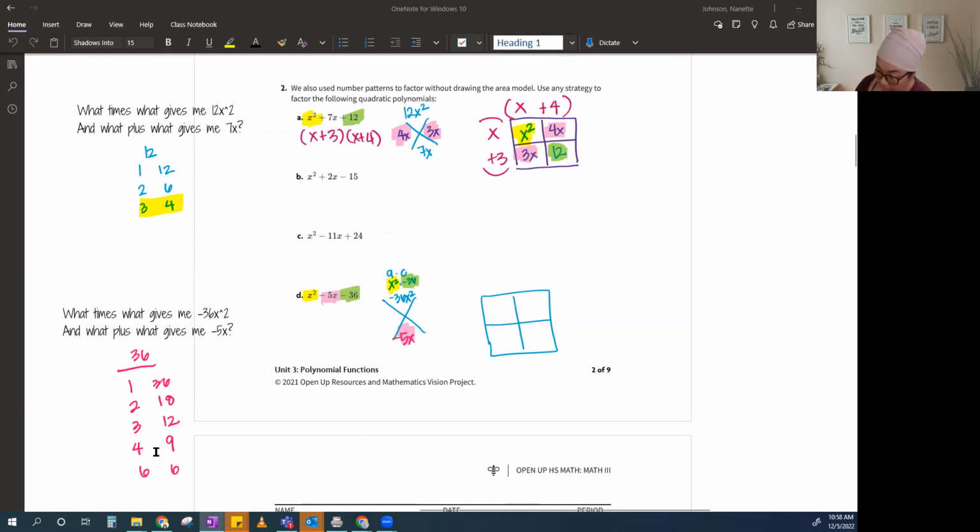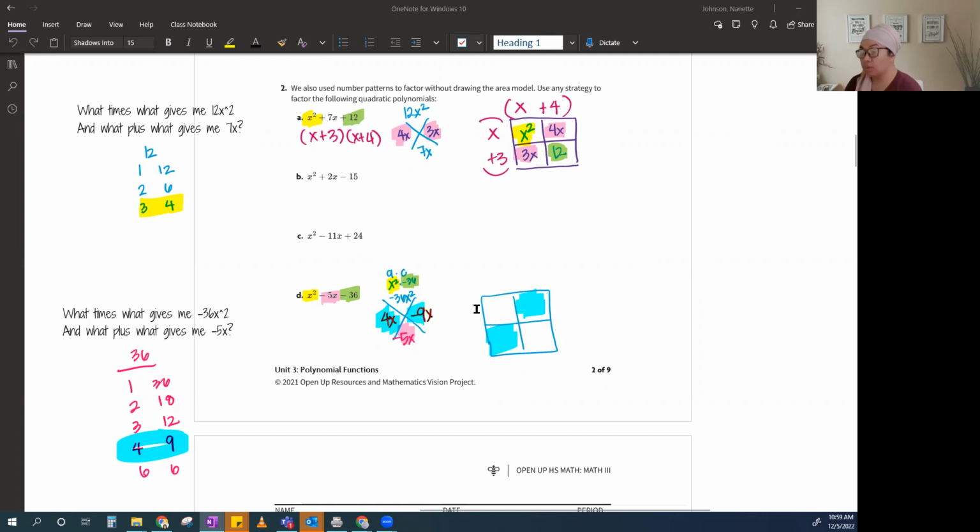So this pair is going to be my pair that goes over here, and then eventually over here and over here. It's going to show up here and here and here and here. So one more time, I put 4x, I put negative 9x.